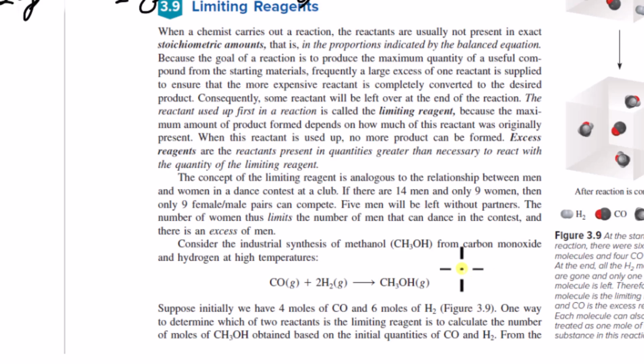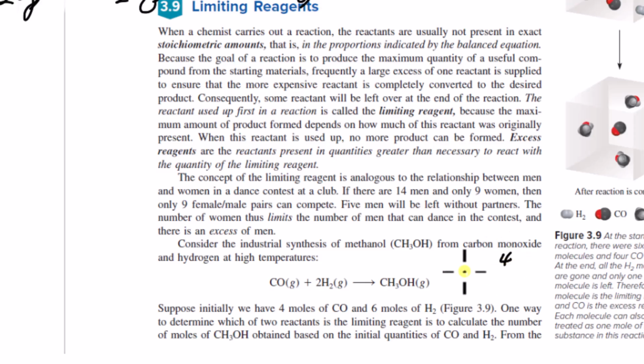But we can do a simple thought exercise here to get a sense for this. For every 2 molecules of hydrogen gas consumed, 1 molecule of carbon monoxide is consumed. So if we think about 4 molecules of carbon monoxide and 6 molecules of hydrogen gas, 2 molecules of hydrogen gas go away.